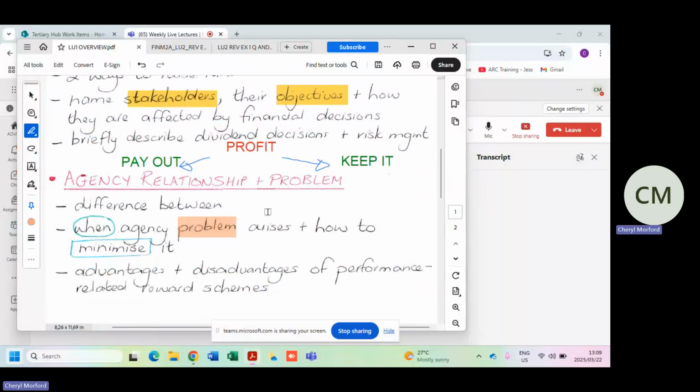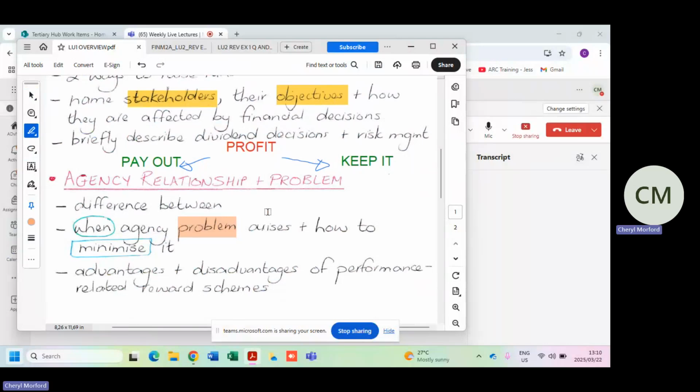So you'll be needing to know when the agency problem arises. So you need to be able to list, I would say, a good 4 possible causes of the agency problem. So let's see what the agency problem is. So it occurs when the objectives of the financial manager and the business are not aligned.